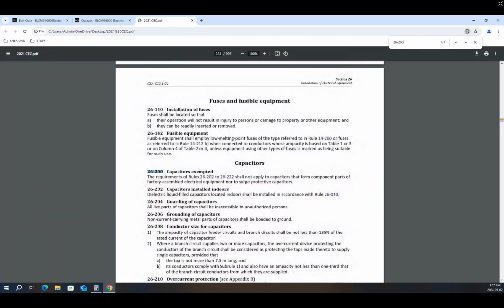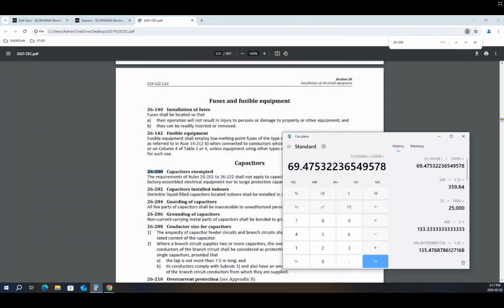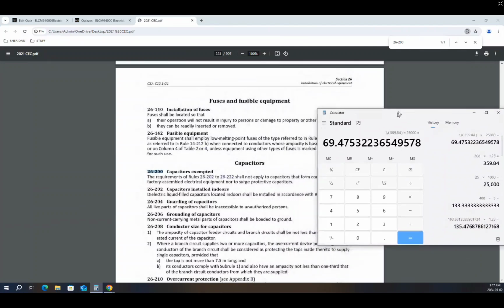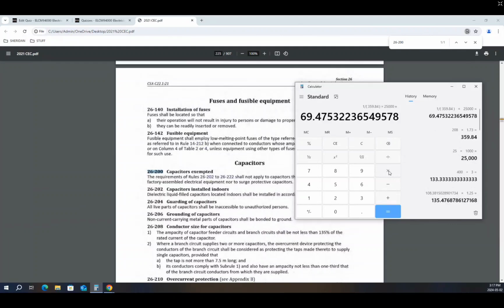Conductor size. Capacity of a capacitor feeder shall be not less than 135% of the rated current of the capacitor. So that's my rated current for the capacitor, so I have to multiply it by 1.35. So there's the ampacity of my conductor.